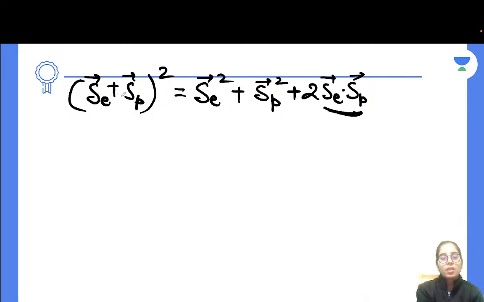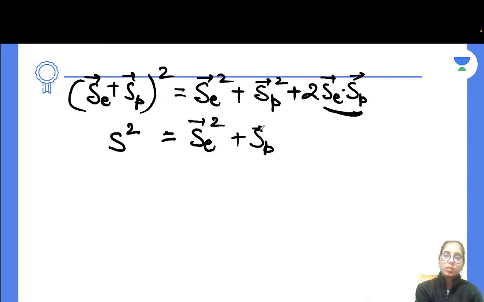Now SE plus SP. If you talk about the resultant S, can I write it as the capital S only, because that is the resultant or the net value. This is for electron, this is for proton, this is going to be the SE dot SP. Now what is going to be the S?